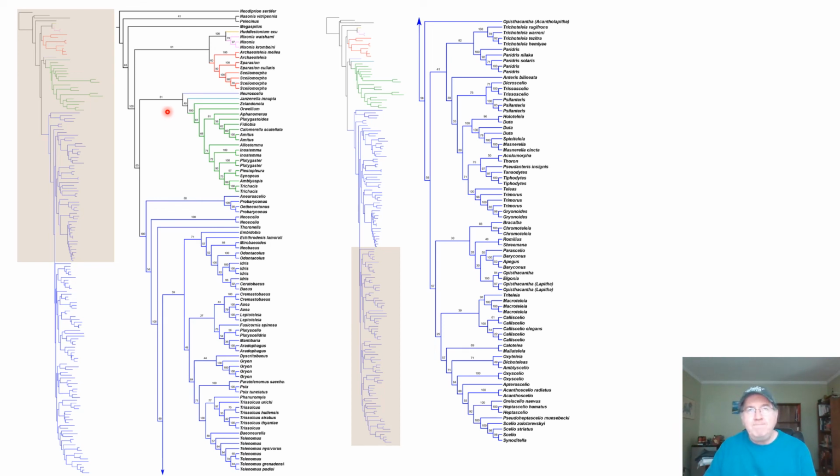These are not encouragingly large, shall I say. That is, the confidence that I feel that we can place these nodes correctly is not high enough to warrant building a classification on them, because we think they're too liable to change.